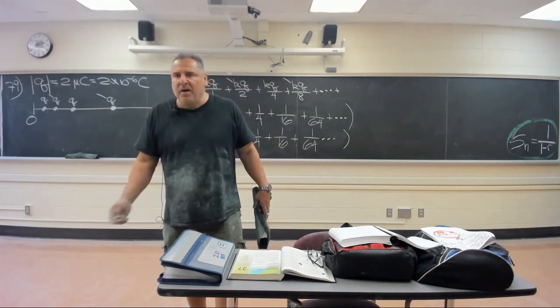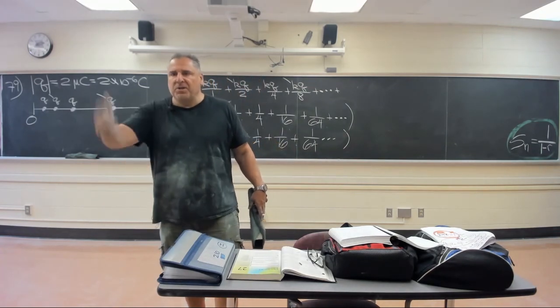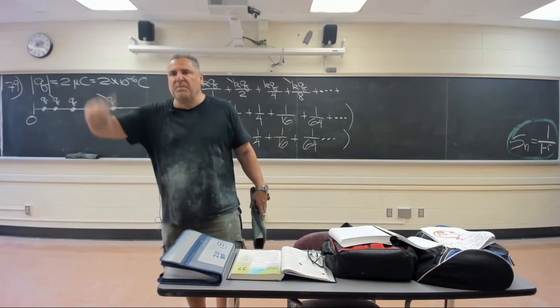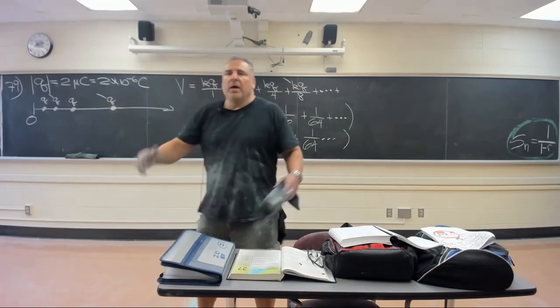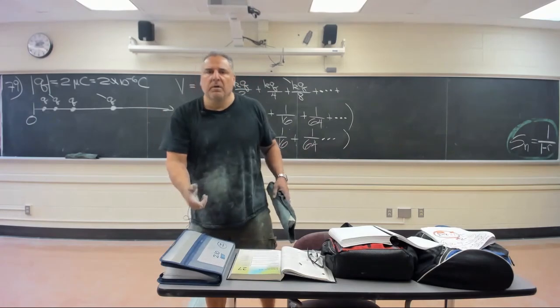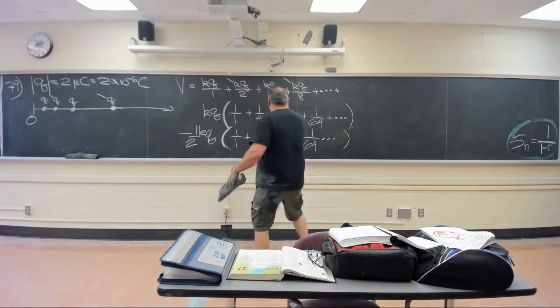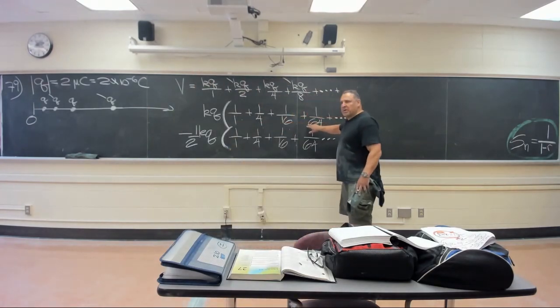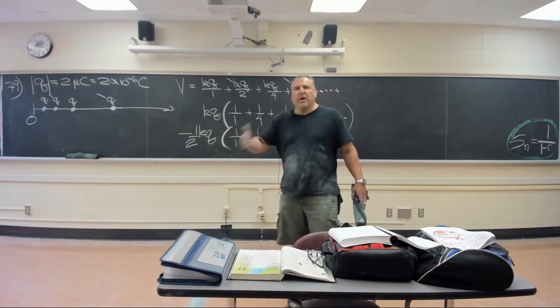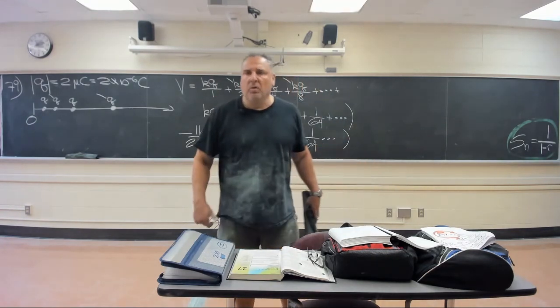Didn't we have that in there? Those added up. They converged. This is smaller. These are smaller numbers. Of course they're going to converge. If the bigger stuff converged, this will too.